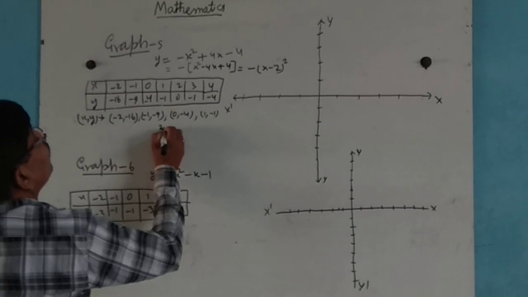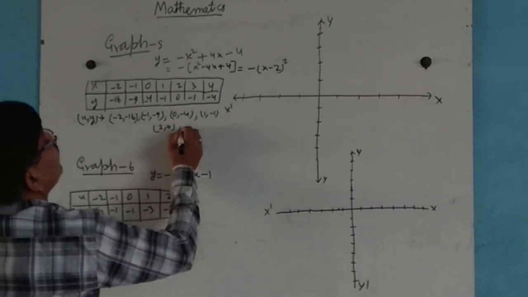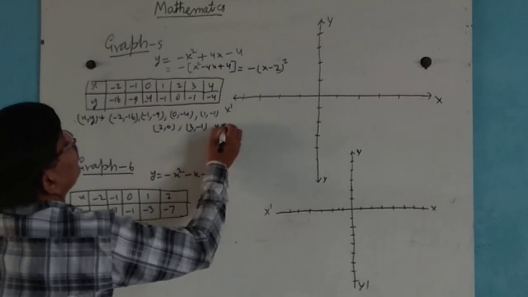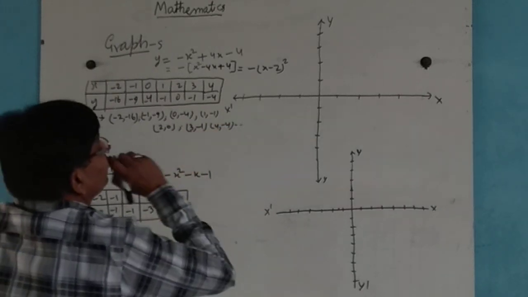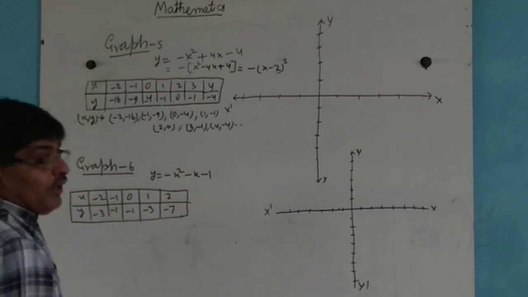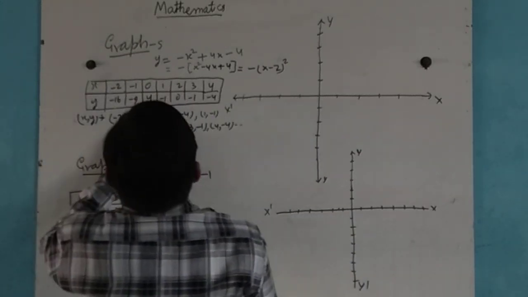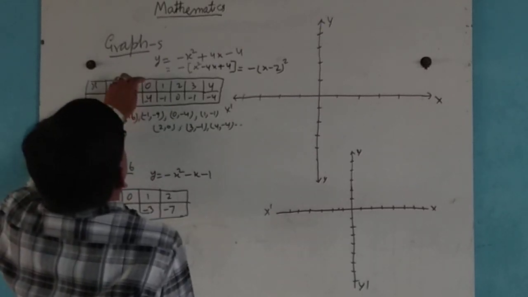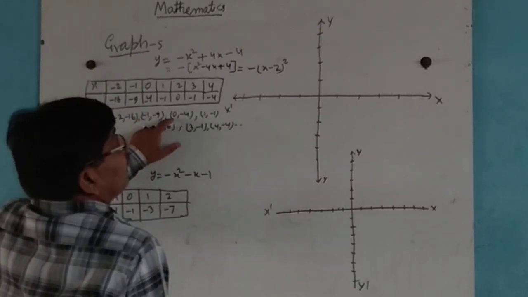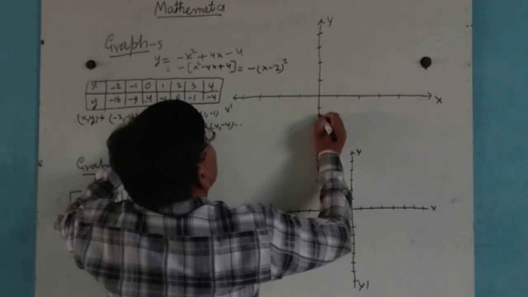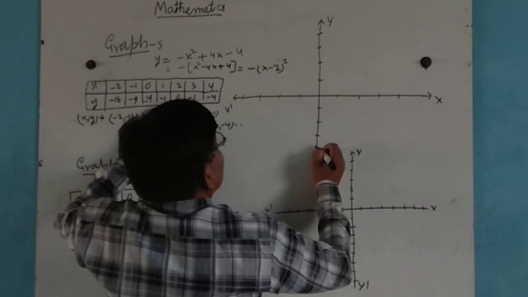Now 2, 0, 3, minus 1, 4, minus 4, and so on. Now we put this, that is 0, minus 4, 1, 2, 3, 4.